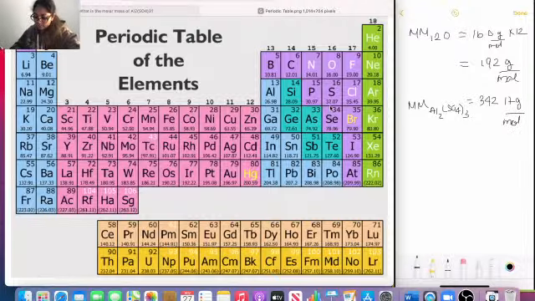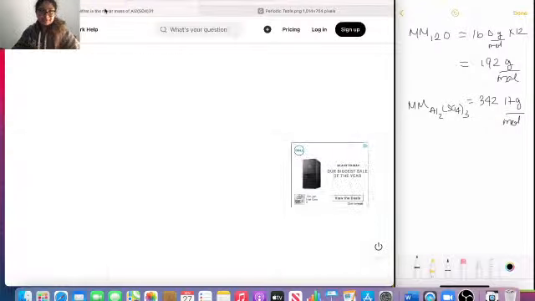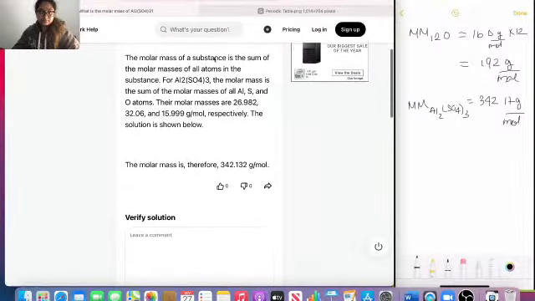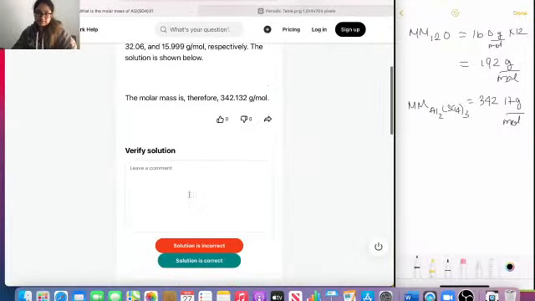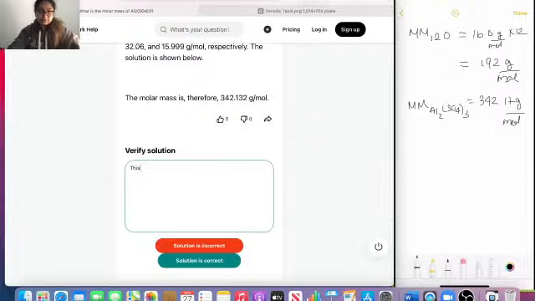Okay, this is the molar mass of aluminum sulfate. And so, yes, this is what I've got. So, this is correct.